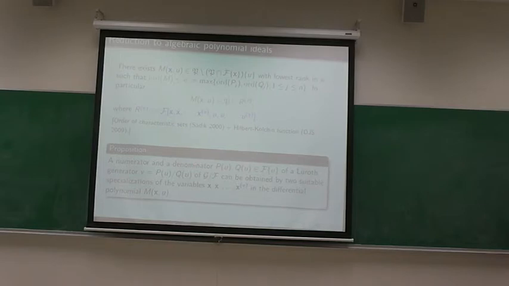So if we know a bound for the degree of this polynomial m, we will have a bound for the degree of the polynomials p and q appearing as numerator and denominator in the Lüroth generator. We just need a bound for the degree in the variable u because the x will be specialized at the end. So the next task was to bound the degree of this polynomial m of lowest rank in u lying in this intersection.